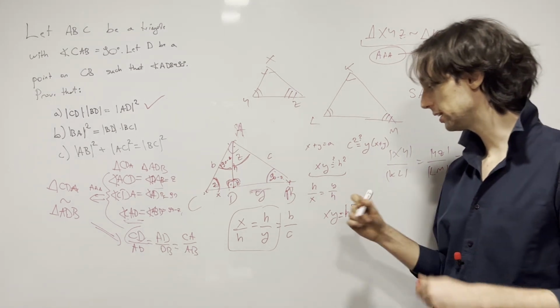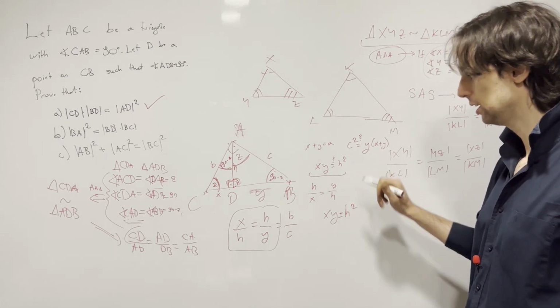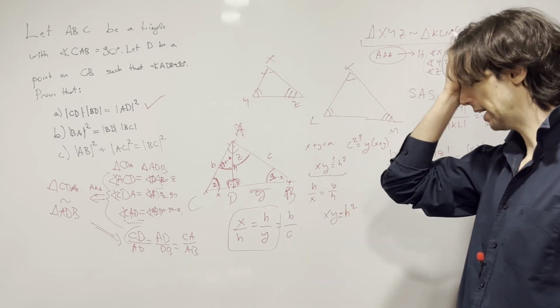And so what I'm thinking of here, first and foremost, is how can I get C squared? And I can get C squared from this similarity that I already have.